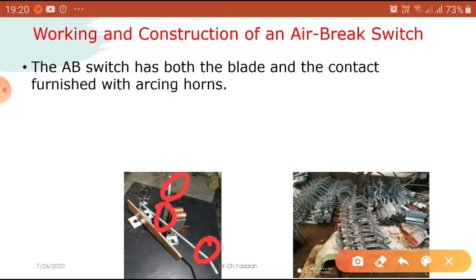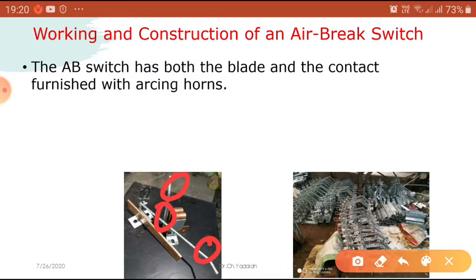When it is opening, the distance spreads, and at the same time the arc also spreads and lengthens. Once the arc is lengthened, as per the rule it has to cool. Once the arc is cooled, it should be self quenched. So this is the basic idea, and you have to remember it: the arcing horn is the type of metal between which the arc is induced due to an interrupted current.